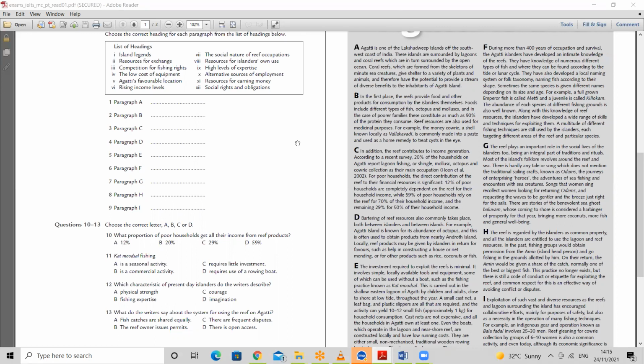You can look at the paragraphs very quickly and look at the way the text is organized. In other words, it is a quick overview of the text in the first maybe 2 or 3 minutes, to see how the text has been organized.